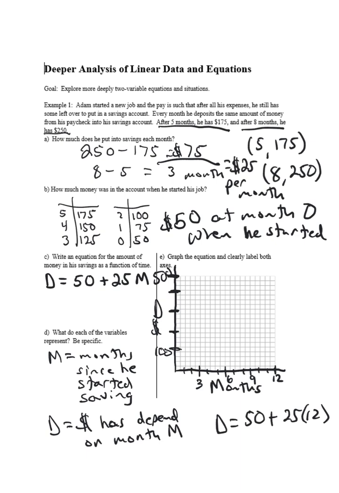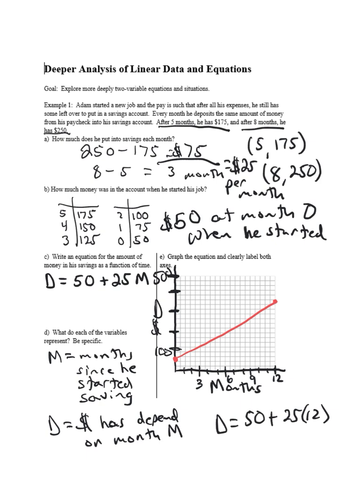And let's plot those points. 0, 50. And then let's do the 12, 350. So 1, 2, 3, 50. Somewhere about in there. And then let's see if those other points seem to match up.